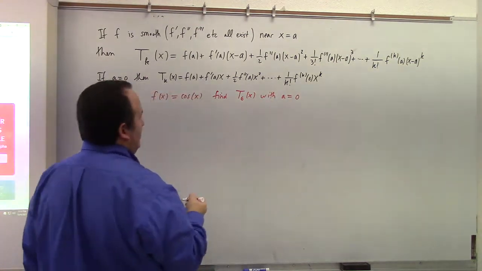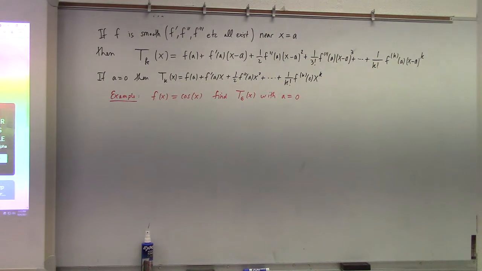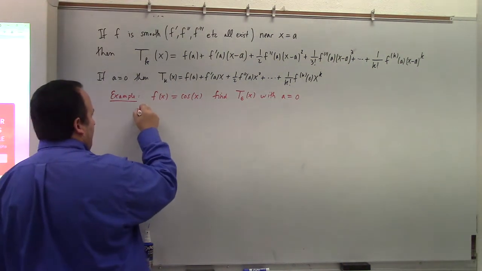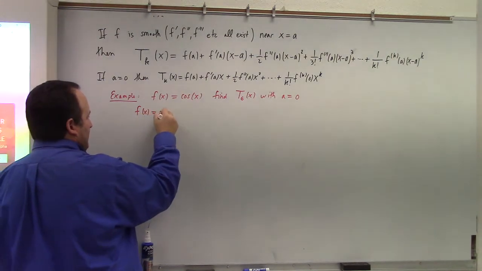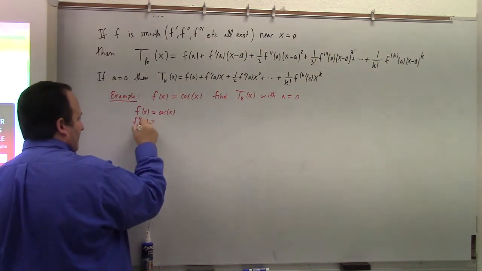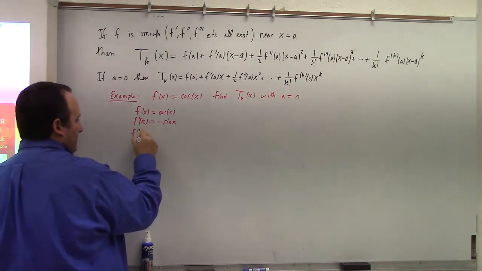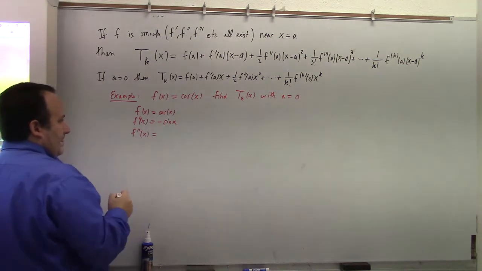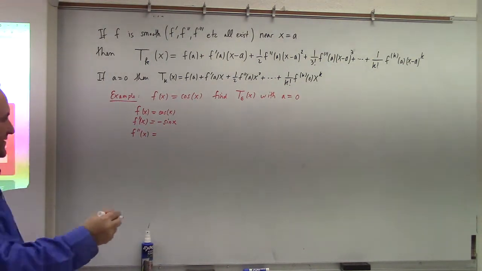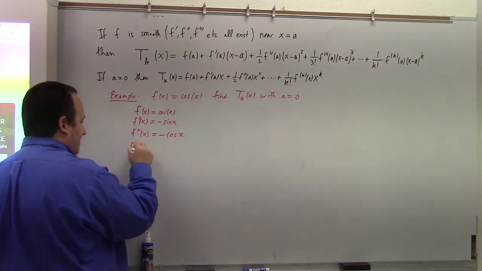So what does that mean? That means we need to figure out derivatives of cosine all the way up to order 6. But that's easy. We have f of x is cosine x. What's f prime? Minus sine. What's f prime prime? The derivative of sine is cosine, but there's a minus, so we get minus cosine x. What's f3?